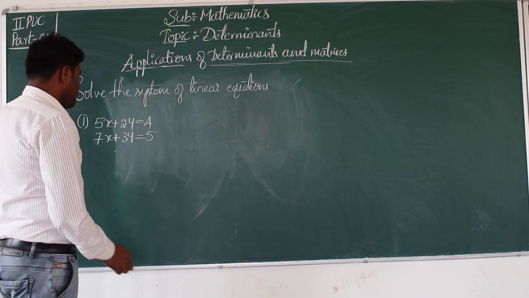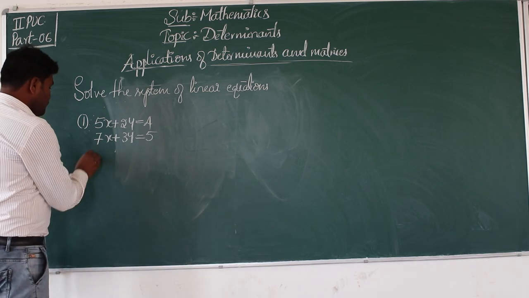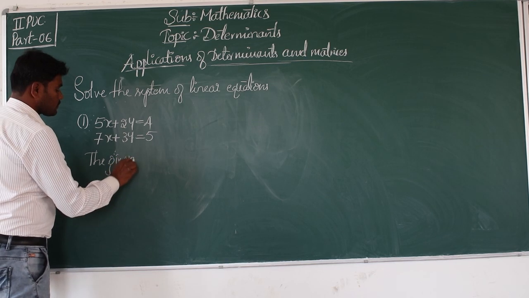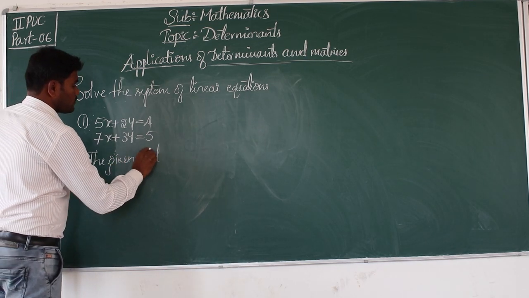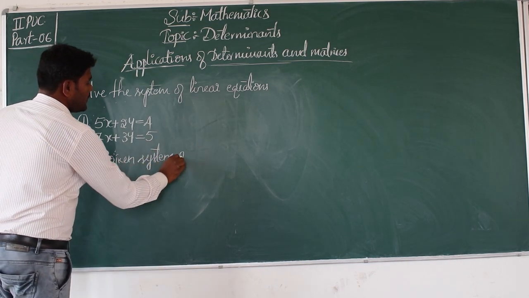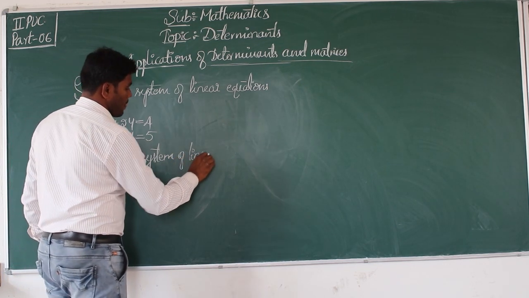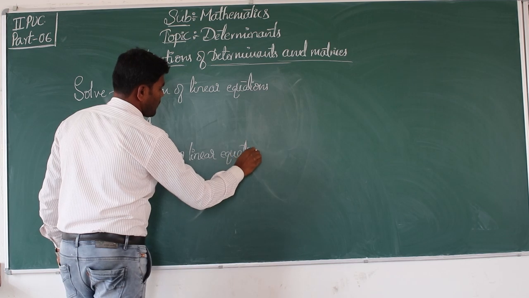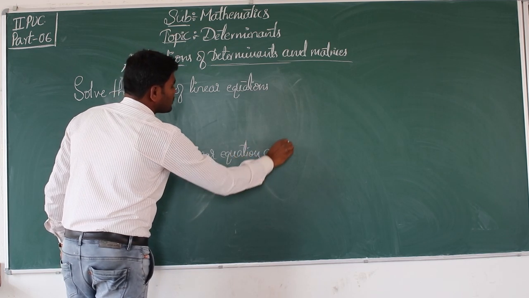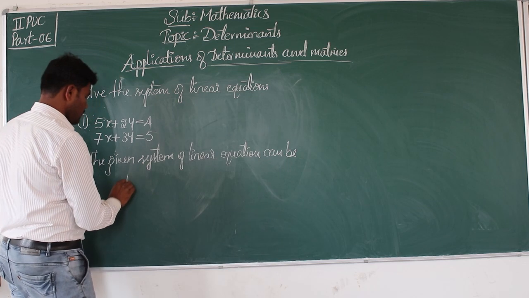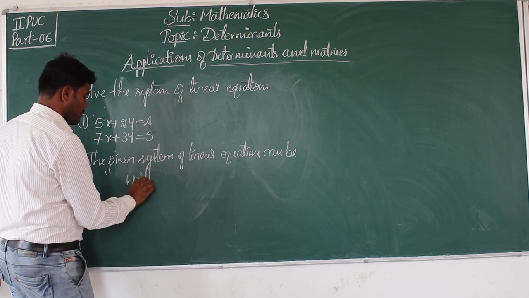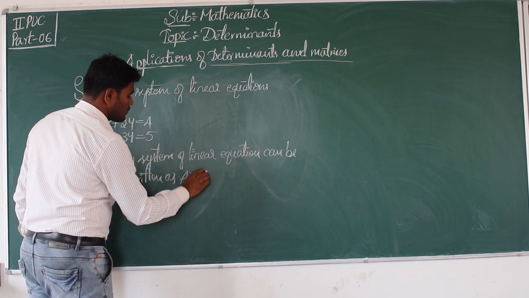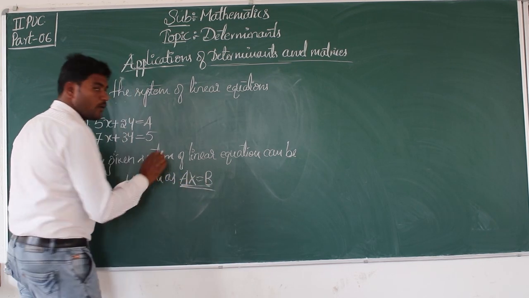The given system of linear equations can be written as AX is equal to B in matrix form.